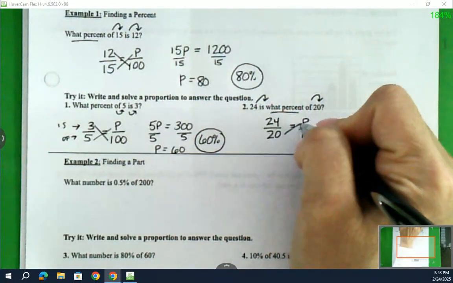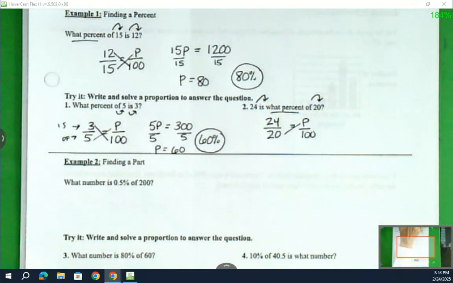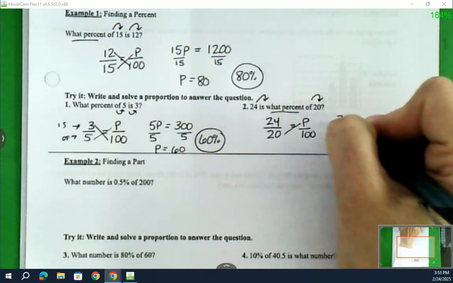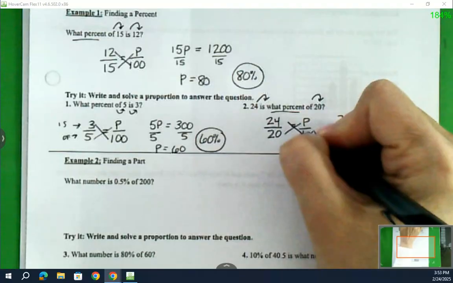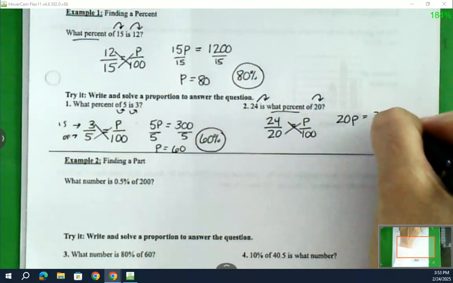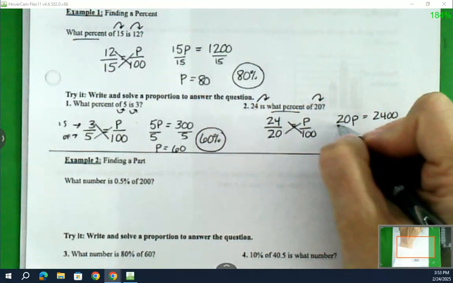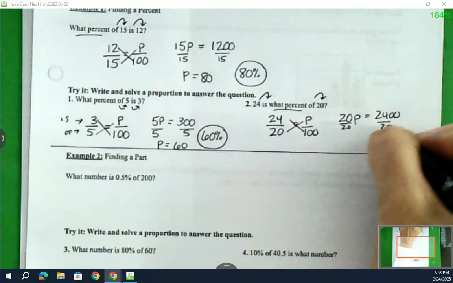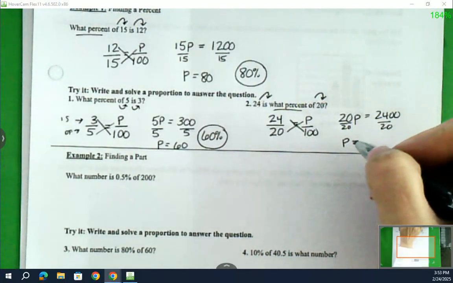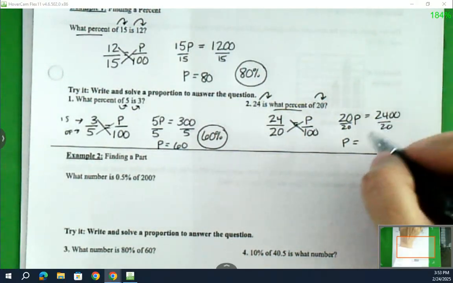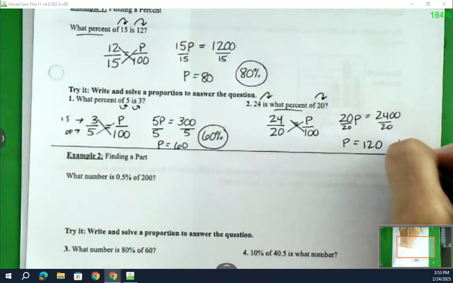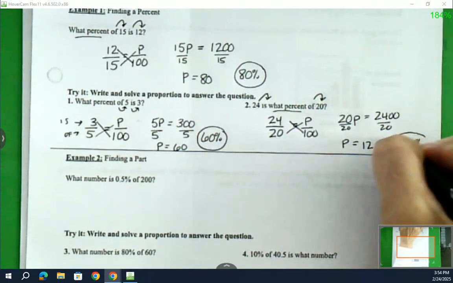So again, putting is over of. 20 times P is 20P, and 24 times 100 is 2400. Divide by 20, and we get P equals 120. So that means 120%.